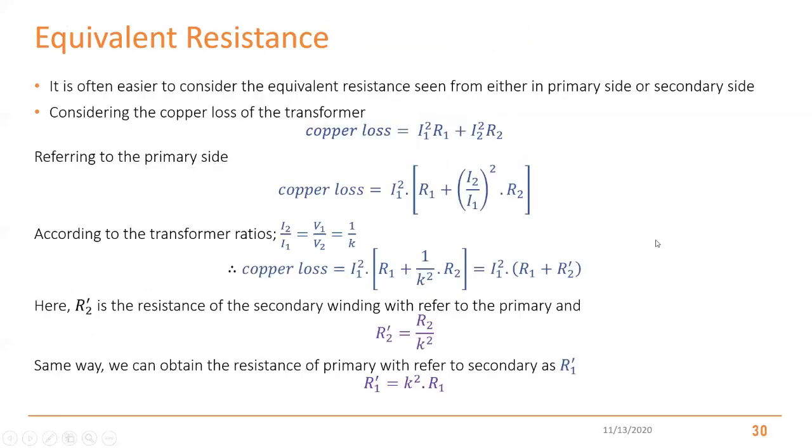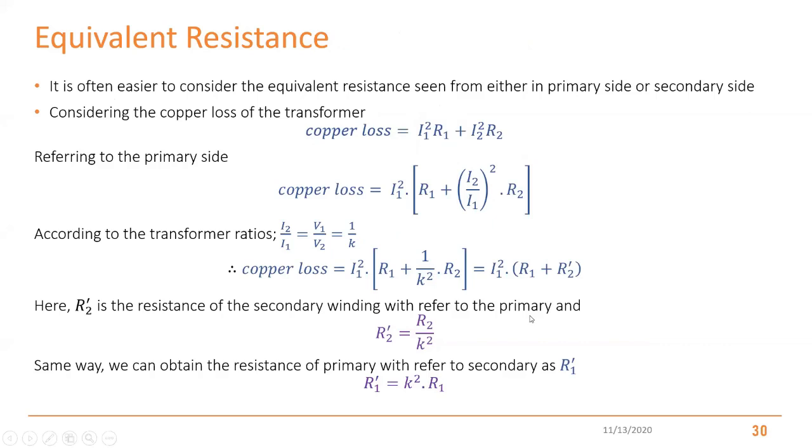What you have to understand is that you can refer from a single side, and then you get the equivalent resistance when we see it from that side. If you consider this equation, R2 dash equals R2 divided by K squared. So R2 dash is the equivalent resistance when we see the circuit from the primary point of view.